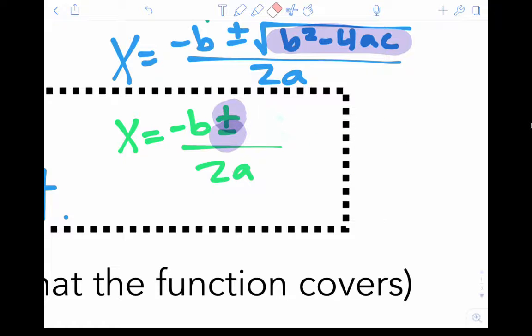Now next, what if it was positive? Well, if we have a positive number there, then we just have negative b plus a positive square root over 2a, and then negative b minus a positive square root over 2a.